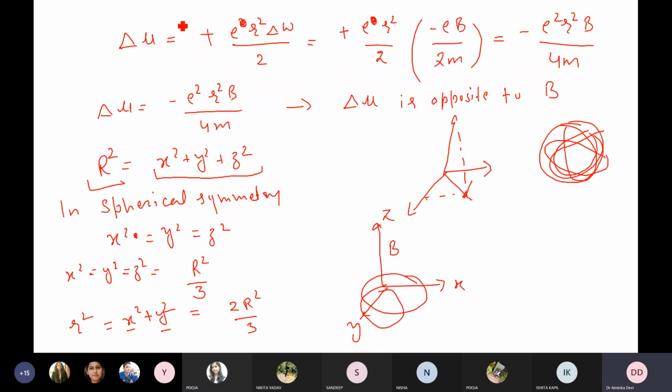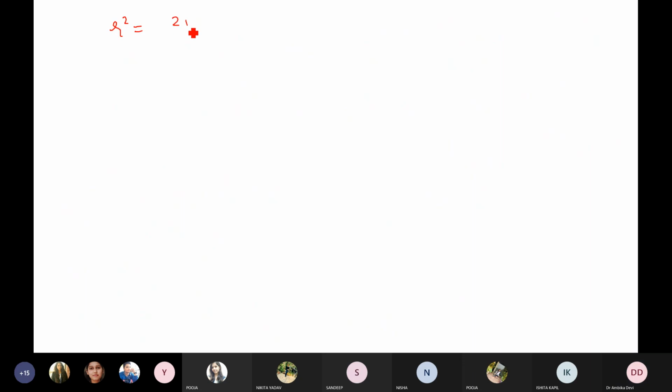Done, ma'am. Okay, 2 r square by 3. R square is the radius of the orbital.